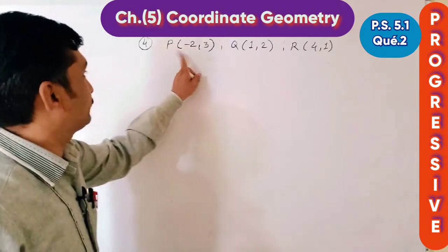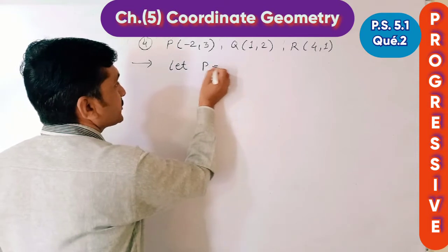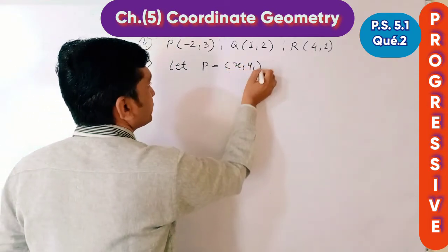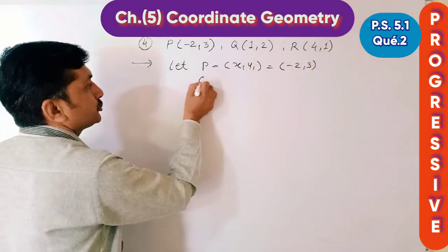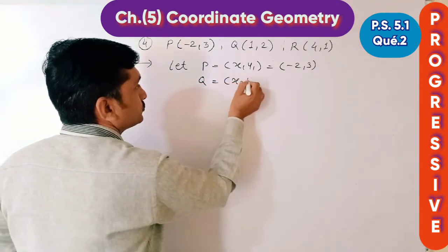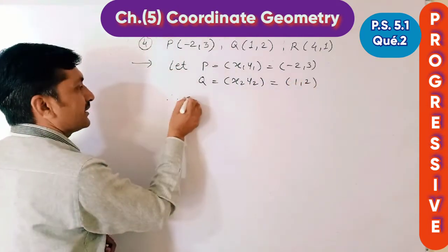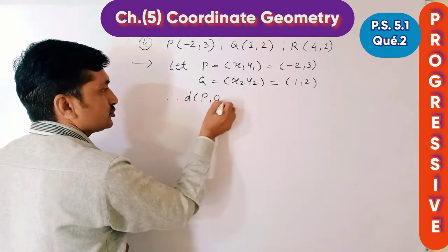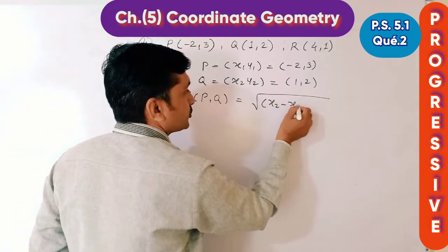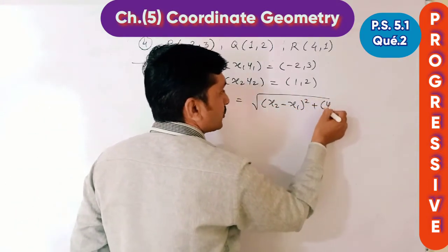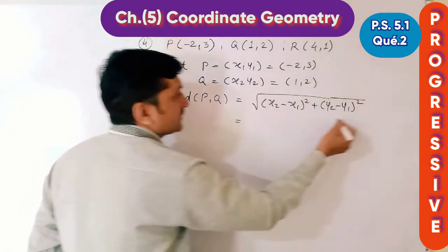Now example number 4. Let P be (x1, y1) = (-2, 3), Q be (x2, y2) = (1, 2). Let's find distance PQ. Distance PQ is equal to square root of (x2 - x1)² + (y2 - y1)² by distance formula.